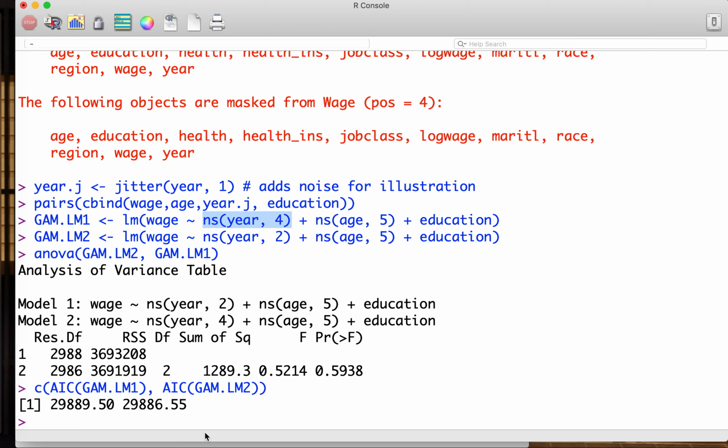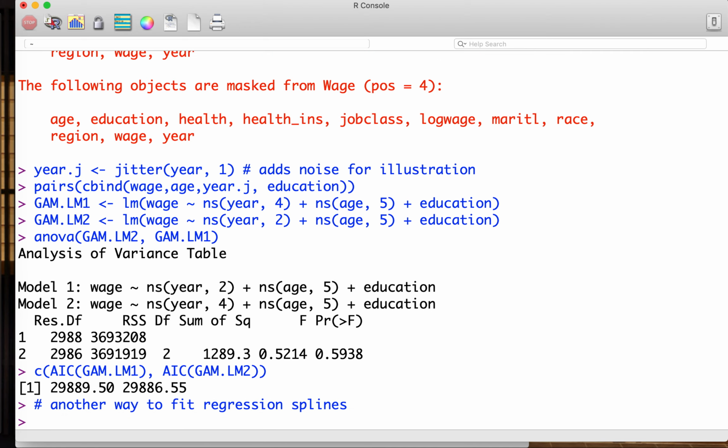Another way to fit regression splines is using the GAM function in the GAM package. So we use the GAM function with wage, and we use NS of year with 2 degrees and NS of age.